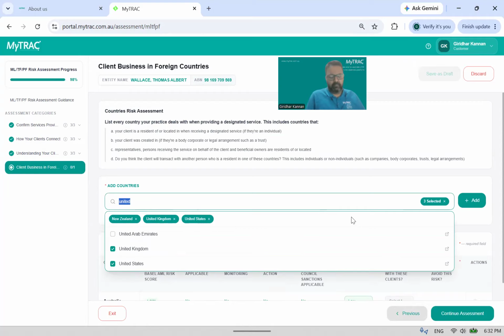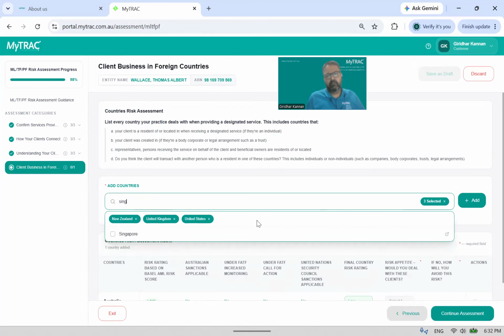Now, these are some, and then let's say Singapore. Other than this, I'm going to also add 2 more jurisdictions for the purpose of example. One is Papua New Guinea, because this is close to Australia, and then I'm going to give another example of Russia, all right? And you can just click that and add.